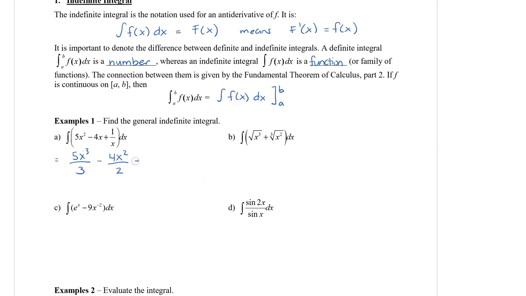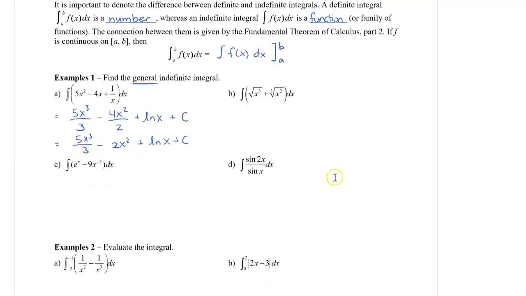And that will be the natural log of x. And then don't forget, because we're finding the general indefinite integral, we also need to add c. And I'm just going to do a little bit of simplifying here, because I can simplify my second term to be 2x squared, and then plus the natural log of x plus c.